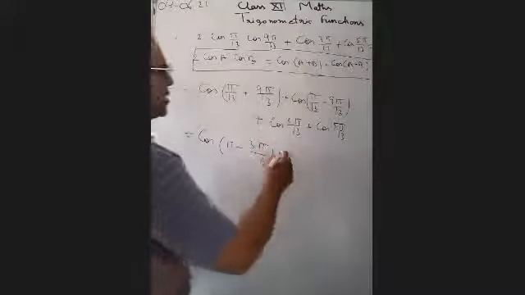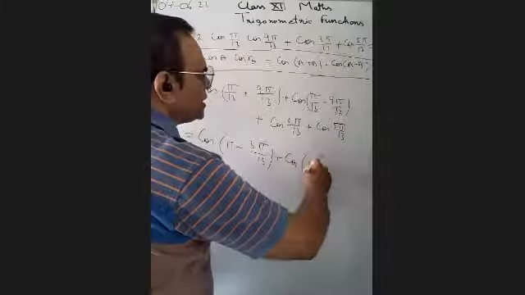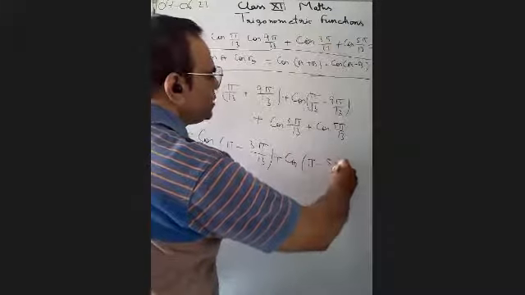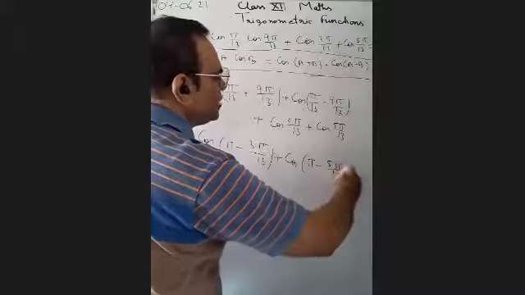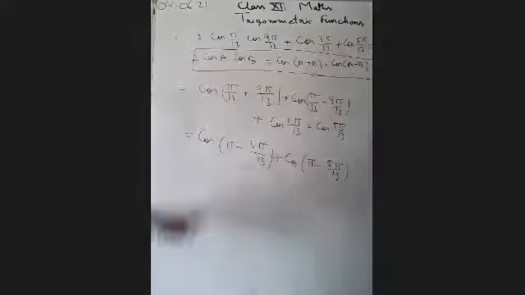Similarly, we can convert this also: cos of pi minus 5 pi upon 13. Why are we doing this? We want to get these two terms in terms of the angles 3 pi and 5 pi.